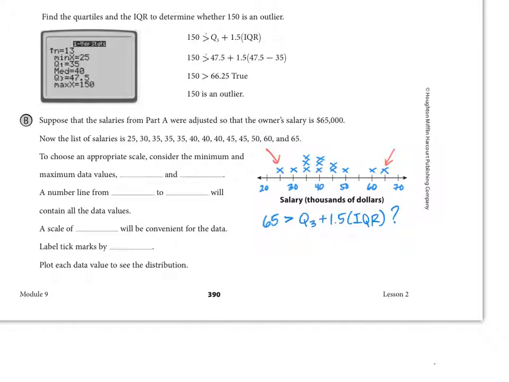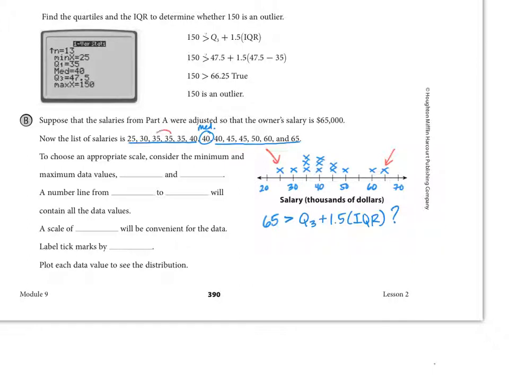So I'm going to look at my list of data up at the top, and it looks like it is in order. There's 1, 2, 3, 4, 5, 6 on each side, so I do have a middle number. That's my median, my Q2. But I don't need Q2 for the IQR.